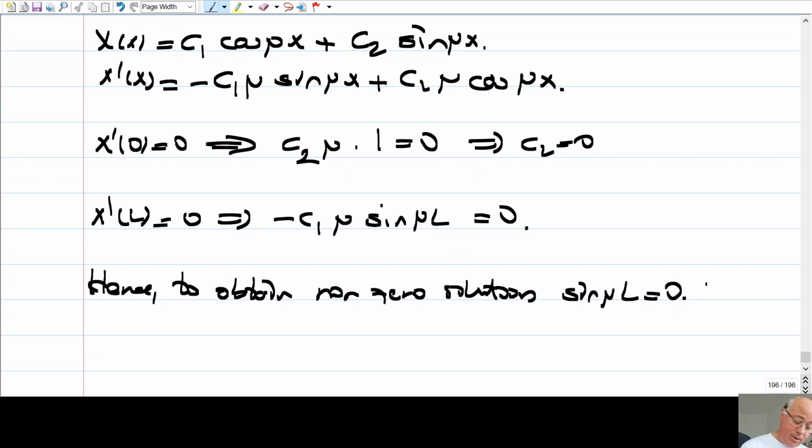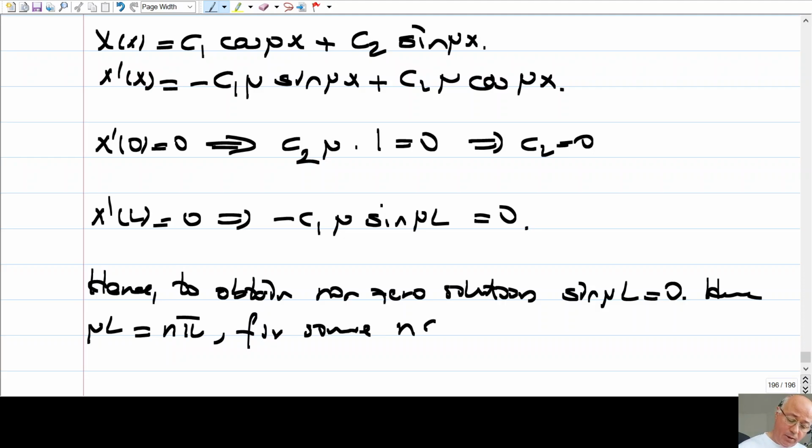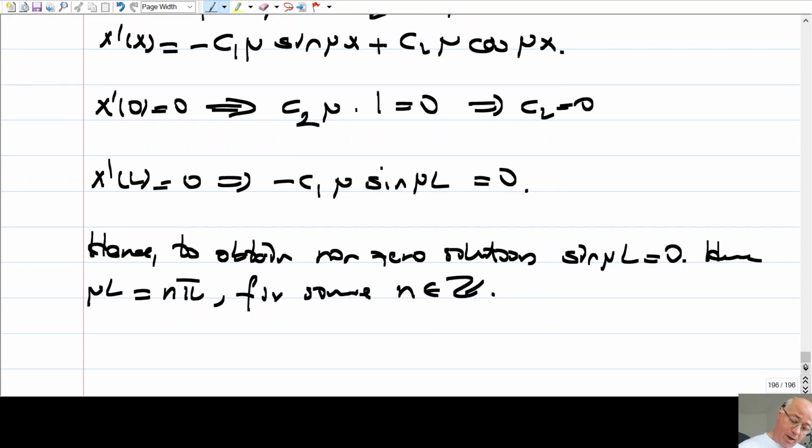And this means mu L has to be n times pi, for some integer n. And this gives us what? Mu has to be n pi over L, as usual. And I don't have just one mu, I have many mu.